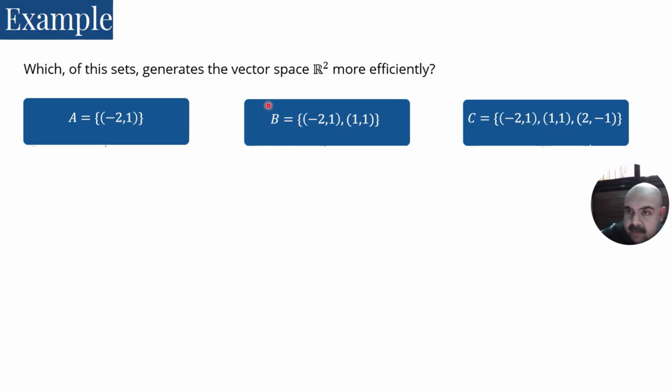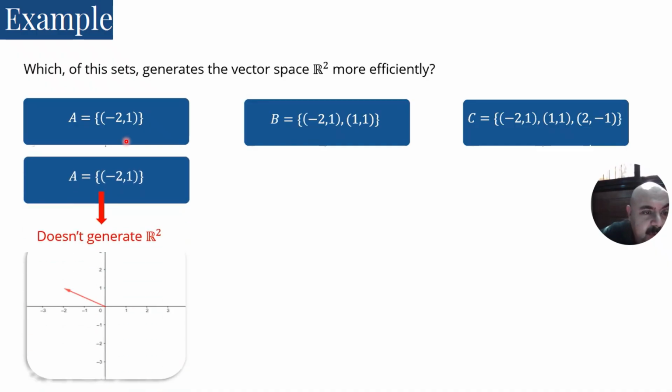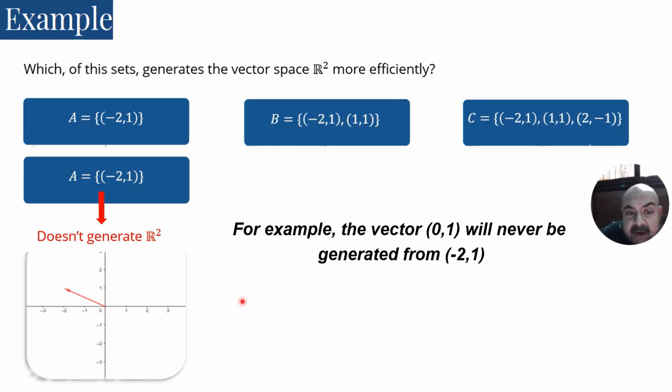If I look at the first set, which is -2 and 1, you will discover something really interesting. This vector can be graphed as you can see, but I can't generate, for example, 0 and 1 from it. So -2 and 1 doesn't generate R2. It's just one vector and can't generate the rest of R2, simply because it is missing some vectors.